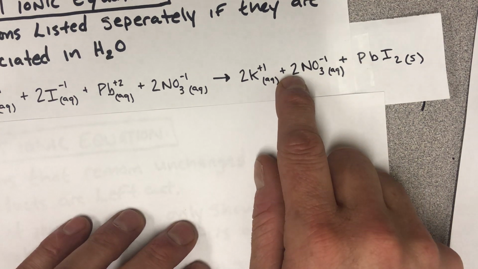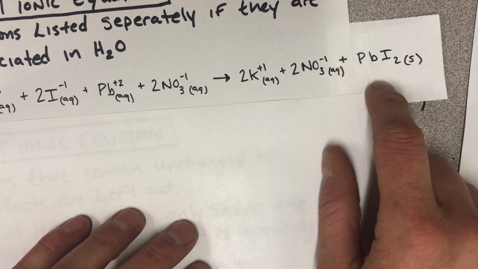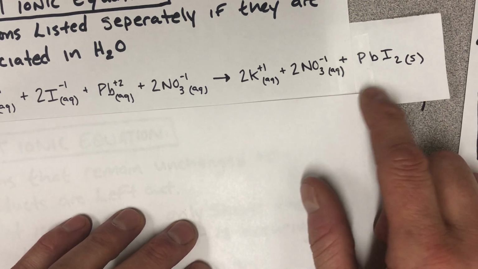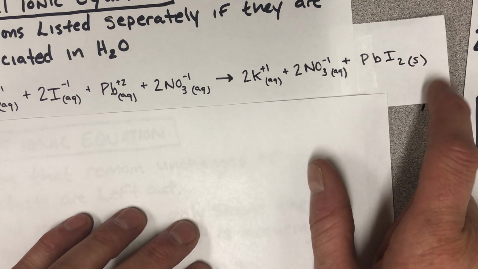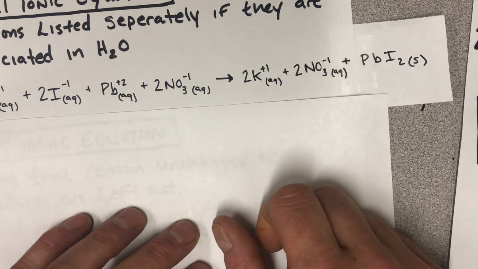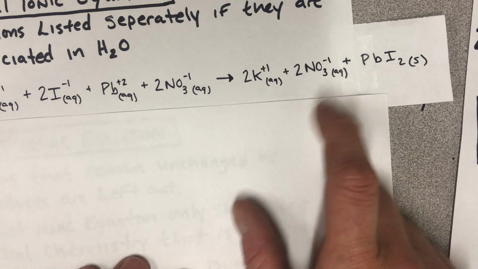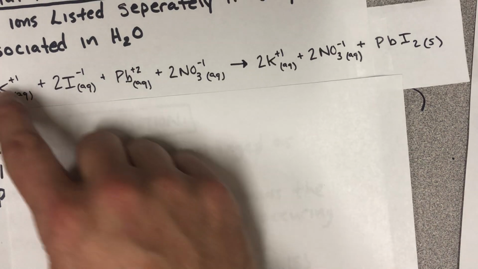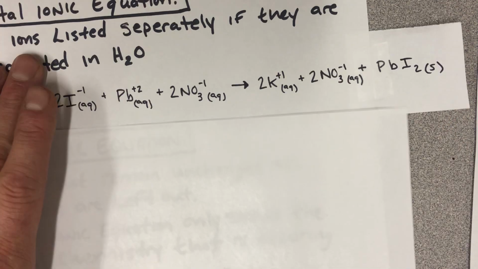And where the real chemistry has happened, though, is to produce this lead 2 iodide solid. In a total ionic equation, if you end up with a solid compound, you don't break it up into its ions. That's only for aqueous chemicals.